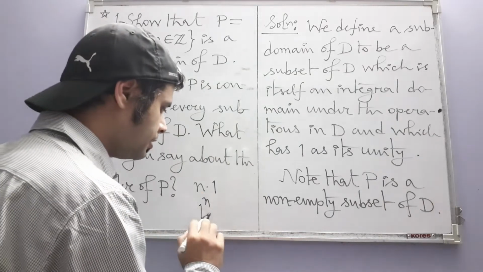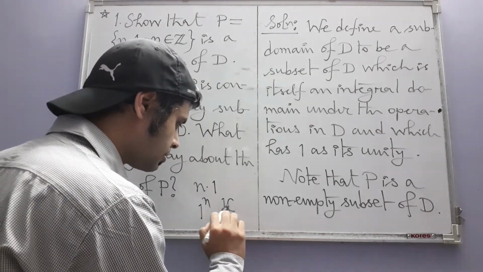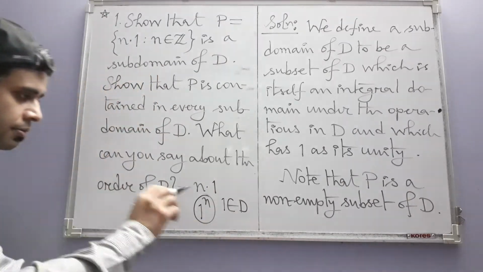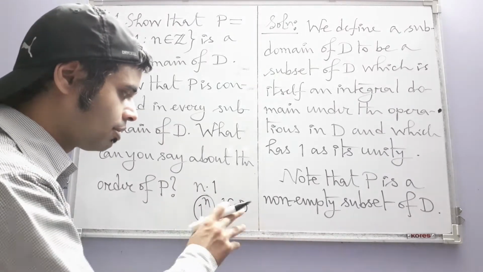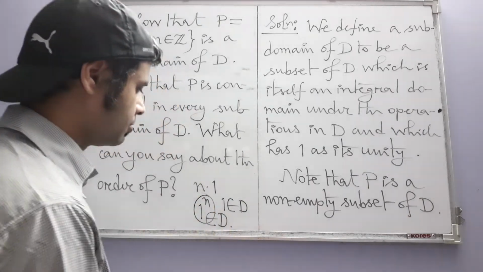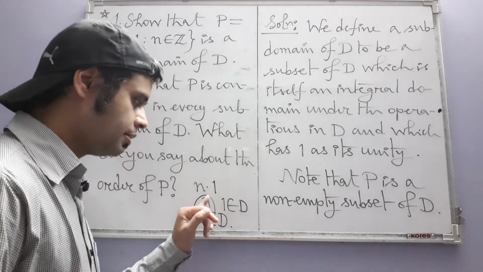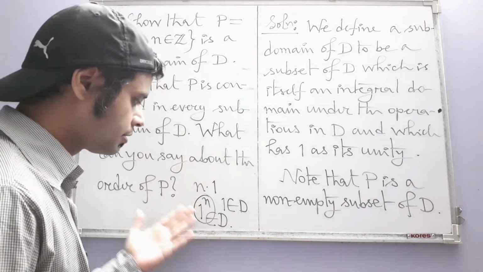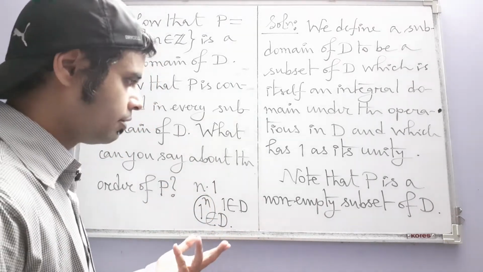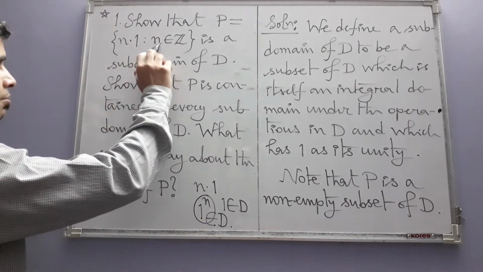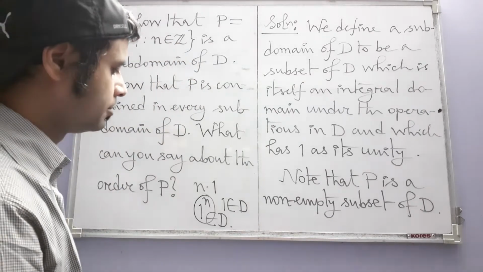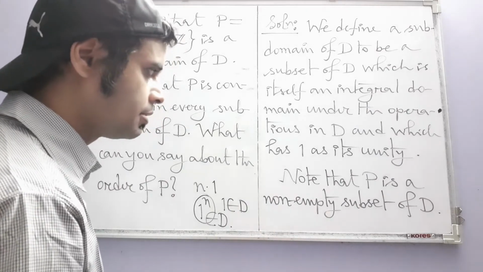Now, because D is a group and 1 is itself in D, by closure and inverses, by the rules of exponents that are already at our disposal from group theory, all of them will belong to D. No matter what the exponent n is, it can be any integer, still these things will be in D, and that's why P is a subset of D. And non-emptiness, of course, is evident because we are just simply having n run over the entire set of integers. Okay, so that's how P is a non-empty subset of D.